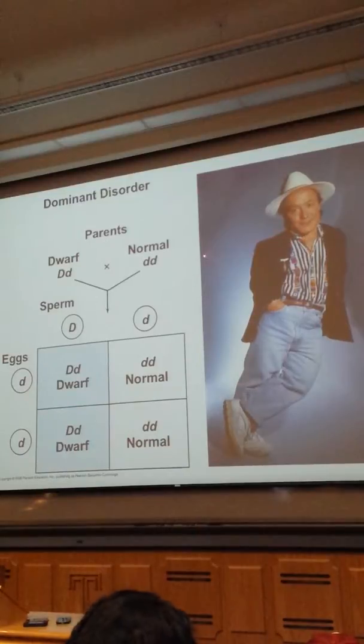If this fellow has children with a normal woman, then his sperm are going to be producing gametes that have the normal fibroblast growth factor receptor gene, and gametes that have the mutant fibroblast growth factor receptor gene. And her eggs are producing both normal alleles. And so when you put them together with a Punnett square, half of these children would be dwarf, half of them would be normal.